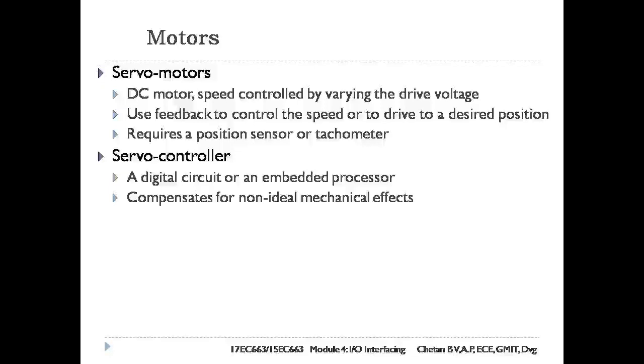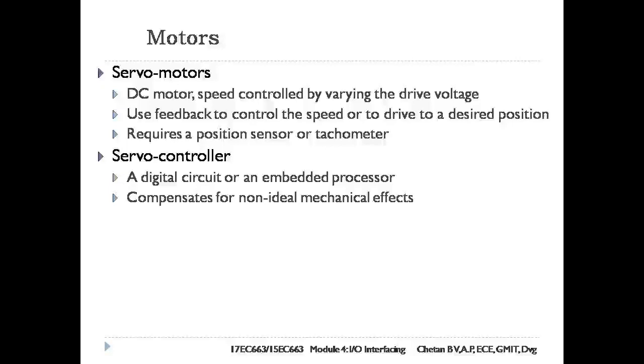Servo motors require a position sensor or tachometer. Servo controller is a digital circuit or an embedded processor which compensates for non-ideal mechanical effects. That is, it controls the position or speed by generating a drive voltage after comparing the desired position or speed with actual values from the position sensor or tachometer.